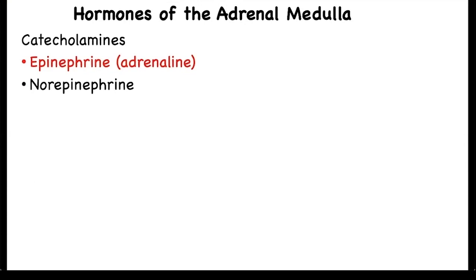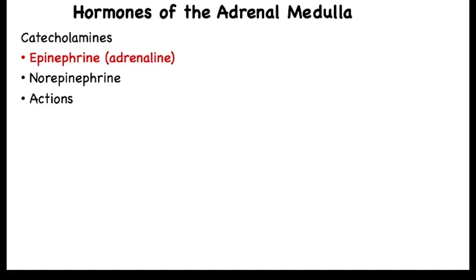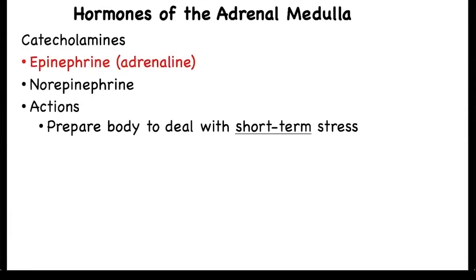These hormones are going to have the same impact as the neurotransmitters by the same name released by the sympathetic nervous system. So let's look at the actions. Epinephrine, and to a lesser degree norepinephrine, since most of what's released is epinephrine, are used to prepare your body to deal with short-term stress.